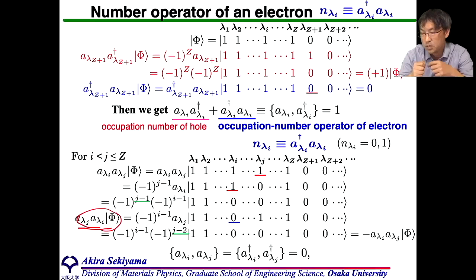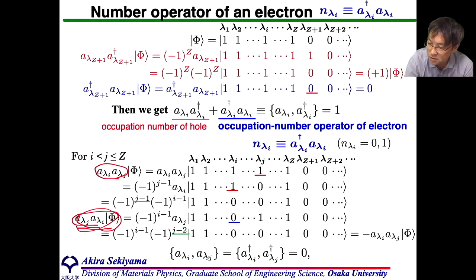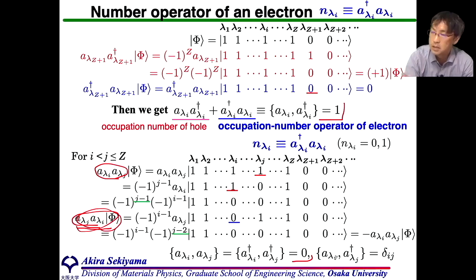So when we change the order of the annihilation, the sign becomes different. Therefore, the sum of this operator and this operator becomes 0. This is the same for the creation operator. Therefore, this relation must be satisfied. So compare with this one and this one, finally we get this relation. This is an anti-commutation relation.